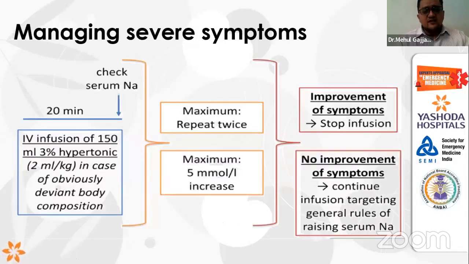The American guideline recommends 3 boluses of 100 ml of 3% saline, while the European guideline recommends 150 ml of 3% saline, maximum twice. Ultimately, both are recommending 300 ml of saline, but there is a slight difference between the two guidelines.